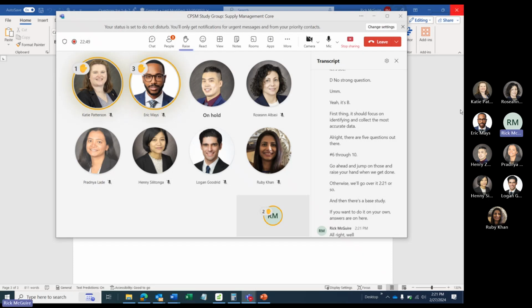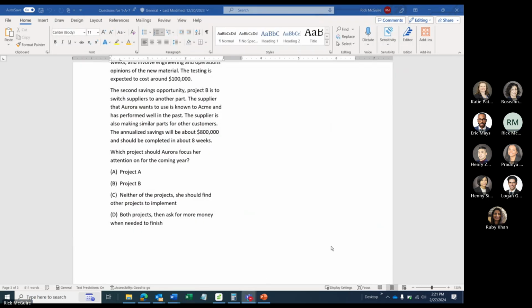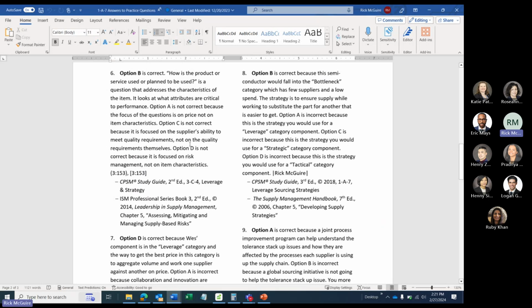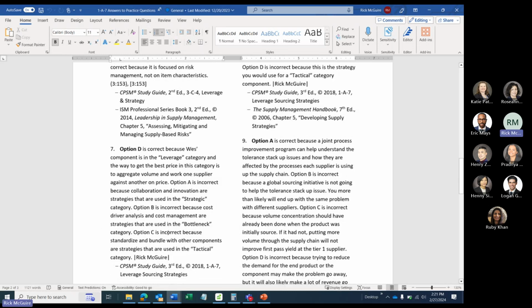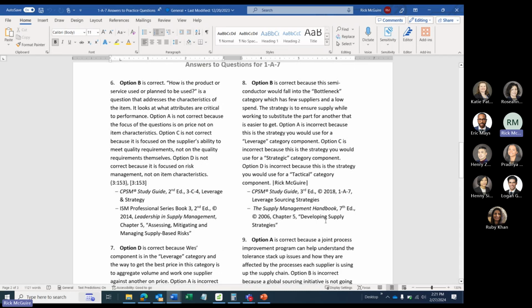All right, well, let's go over some answers here. Number 6 is Bravo. How is the product or service used or planned to be used? Question that addresses the characteristics of the item. 7 is Delta. This component is in the leverage category, and the best way to get price in this category is to aggregate volume and work one supplier against the other. 8 is Bravo.